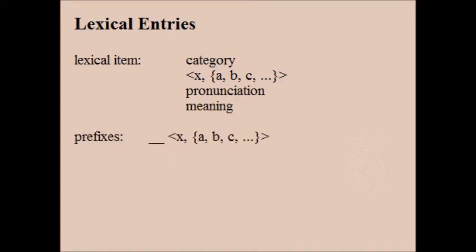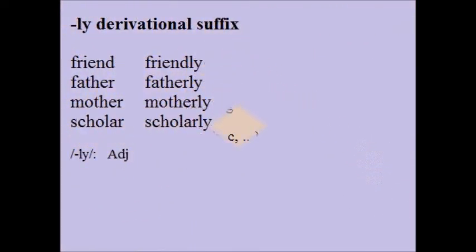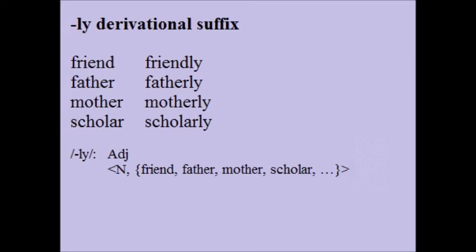Prefixes are indicated with an underscore to the left of the morphological environment, while suffixes are indicated with an underscore to the right. Thus we can state the lexical entry for -ly more formally as shown on the screen. The first line indicates that -ly is an adjective. The second line indicates that it attaches to nouns and indicates the set of particular nouns that it attaches to. Since the list is quite large, not every single noun is listed.